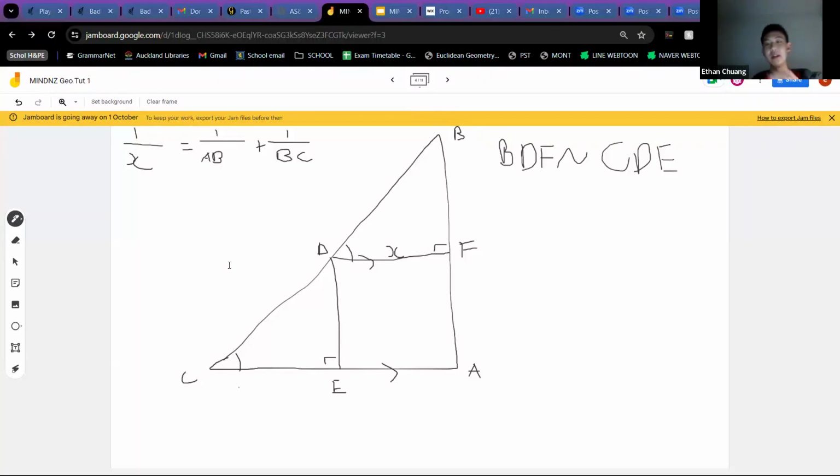And then okay, what is another pair of similar triangles? Does anyone see any other similar triangles they could possibly use?